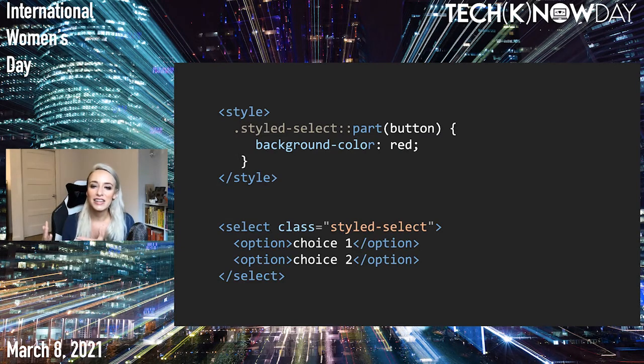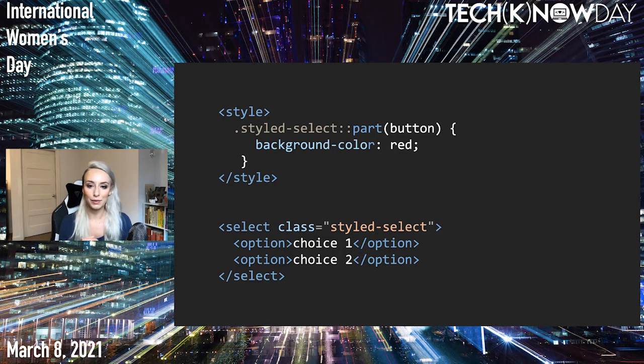And so this standardized anatomy will allow the styling of native parts using pseudo classes and the part pseudo element. So a developer will be able to change the color of a select's button in an interoperable manner without replacing any of the HTML.